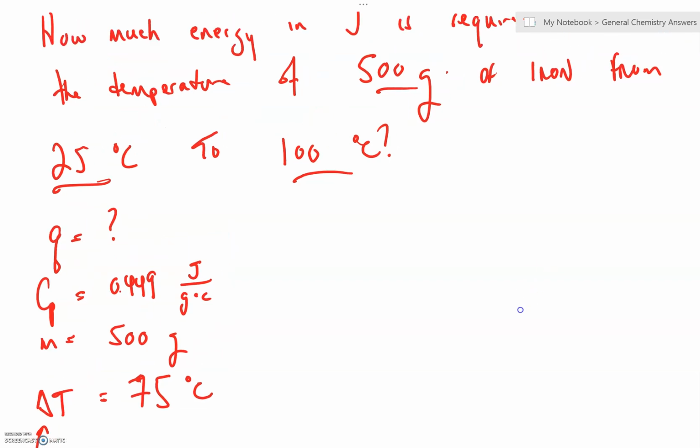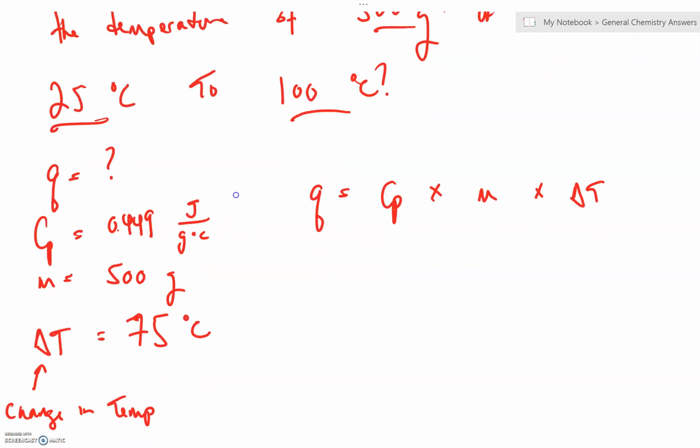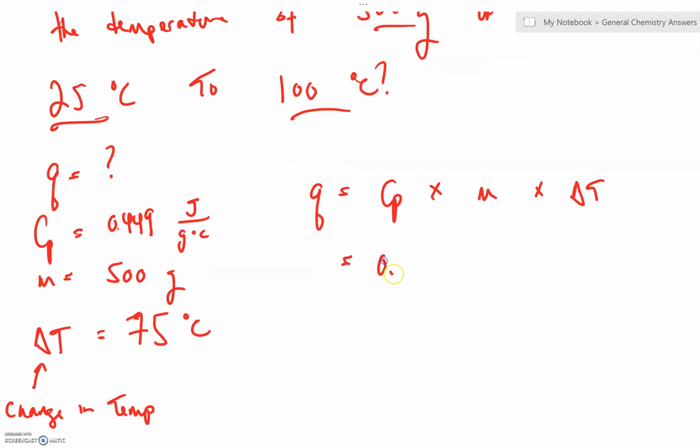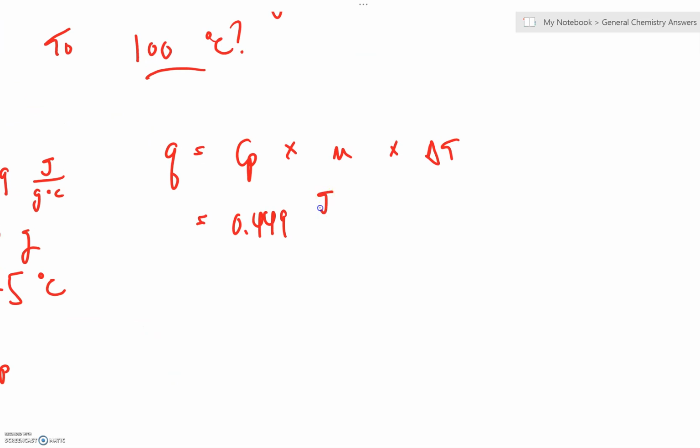We want the version that's solving for Q. Q equals Cp times M times delta T. We know the specific heat, 0.449 joules per gram degrees Celsius.